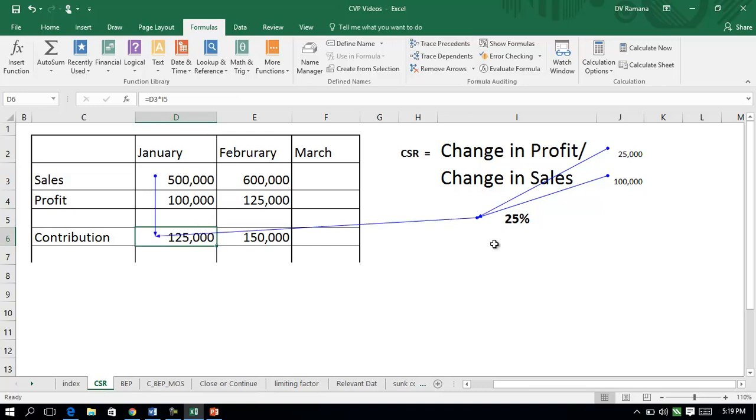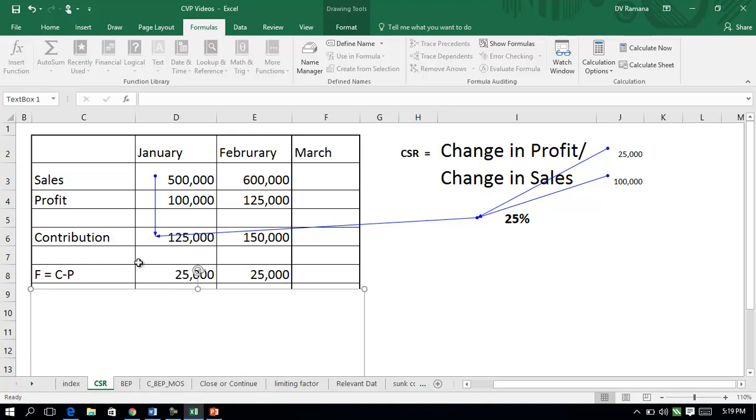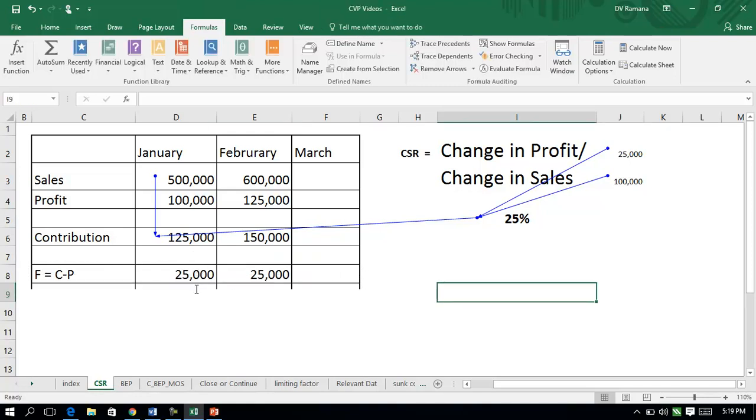Contribution is equal to 25% of sales, in both the cases. And if profit is there and contribution is there, we can find the fixed cost. Fixed cost is equal to the contribution minus profit.